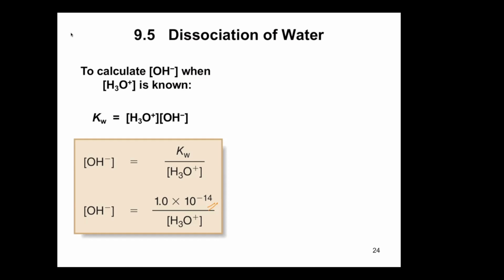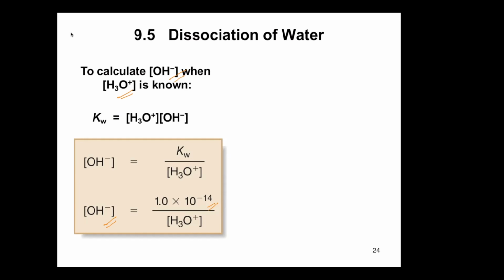But how do we determine or compare them? We have to know the values first. So if H3O is given and OH is missing, we calculate the concentration of OH by dividing the water dissociation constant, 1 times 10 raised to negative 14, over the given hydronium ion concentration.